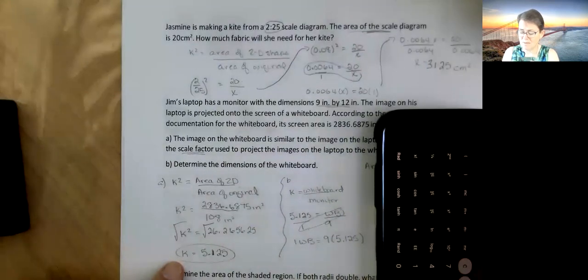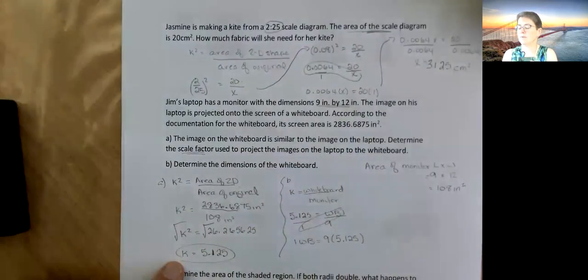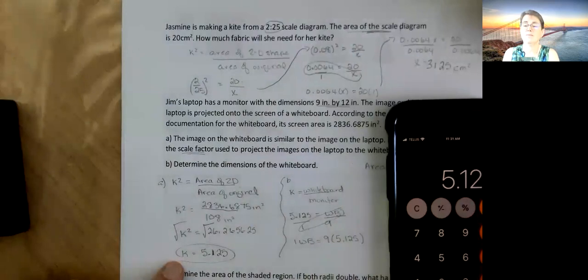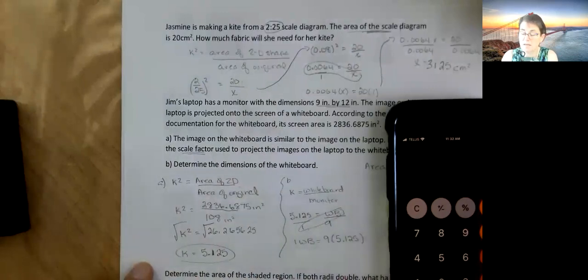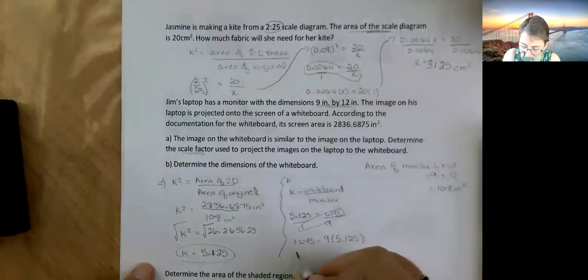Or you could just think about it, look at your calculator, and go, well, of course it has to be bigger, so I'm going to multiply. But this proves why you're doing that. It also helps you on the days where you're like, I'm kind of lost, I don't know what's going on. All right, 46.125.